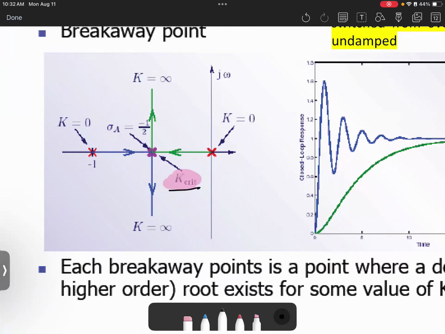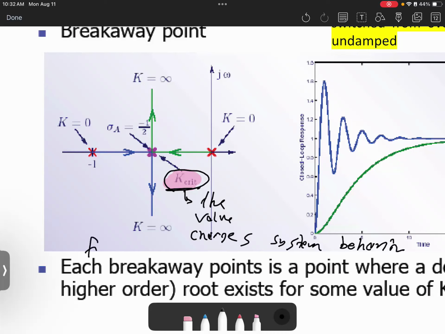So this K critical is the value that changes the system behavior from overdamped to critically damped to underdamped.